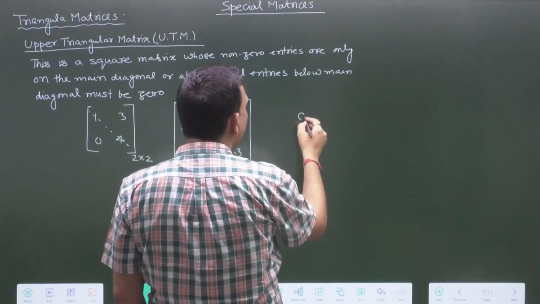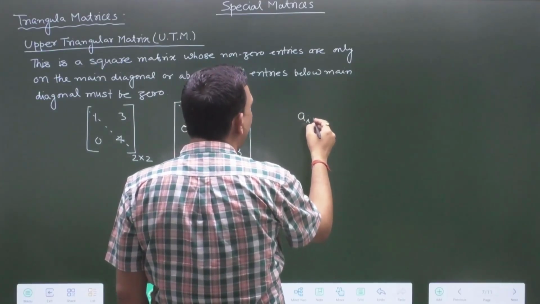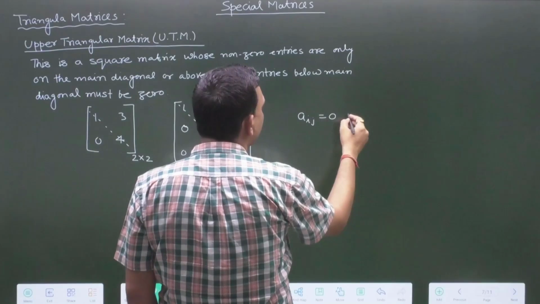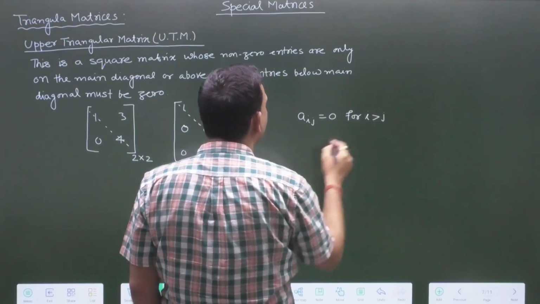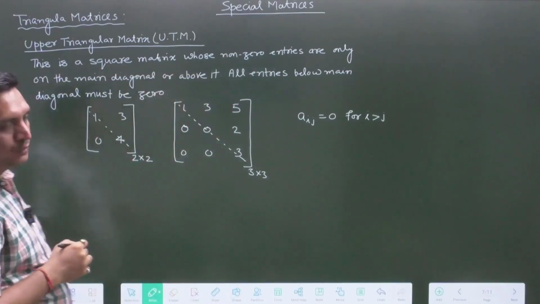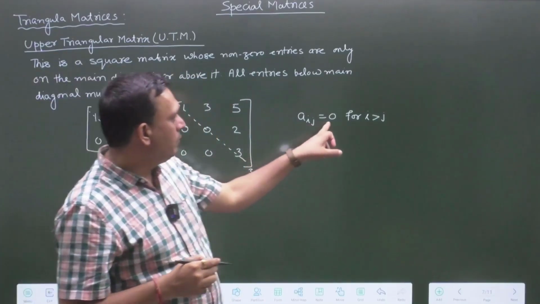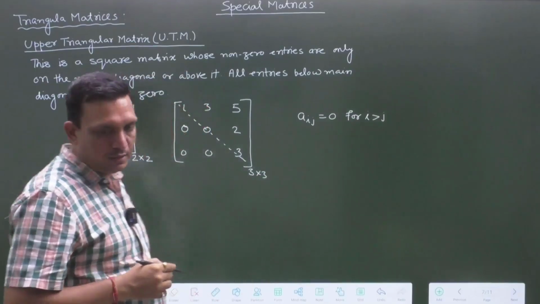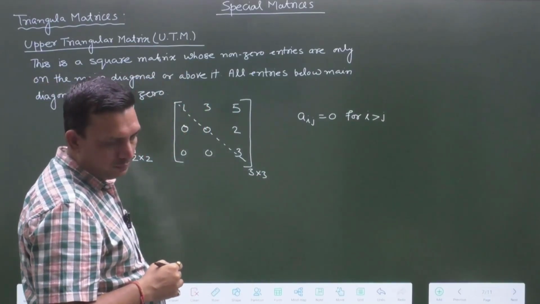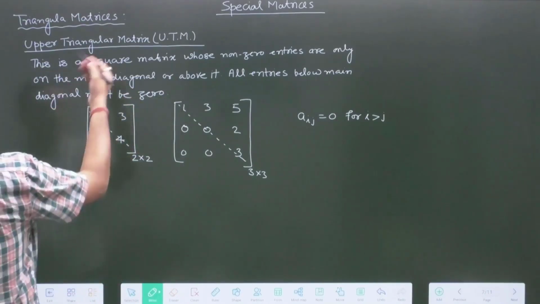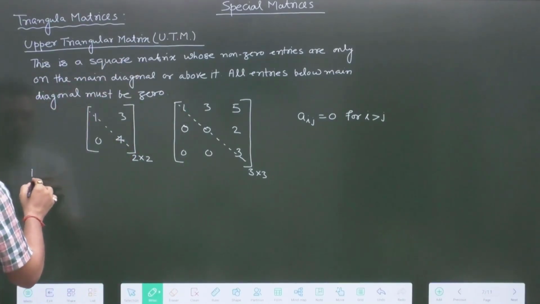So here the condition is that Aij must be 0 for i greater than j. In general, you will see Aij will be 0 for i greater than j. In the same way, we can define the lower triangular matrix.